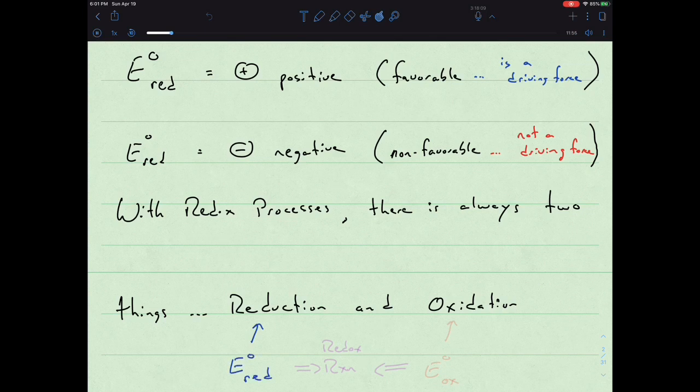One is a reduction potential, E reduced, and then we also have an oxidation potential. There are two things, because both of these overall give the reaction that we're looking for. And so that is the nature of cell potential.